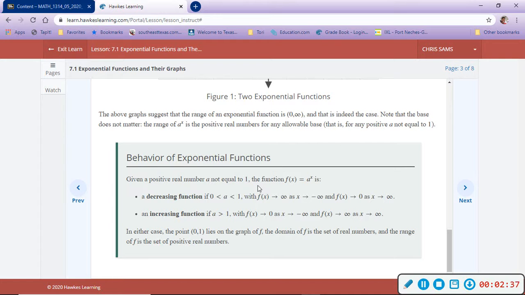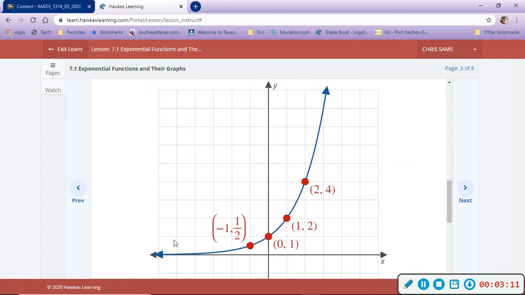And then it says the y value goes toward positive infinity as x goes toward negative infinity, and the y value goes to 0 as x goes to infinity. And then for the increasing function, the base is going to be bigger than 1, and y goes to 0 as x goes to negative infinity, and y goes to infinity as x goes to infinity. So it's just describing the end behavior that we see here.